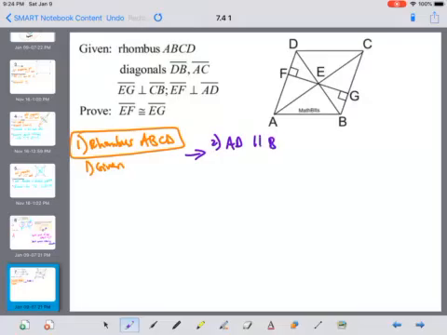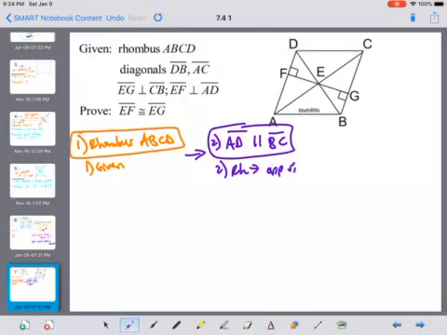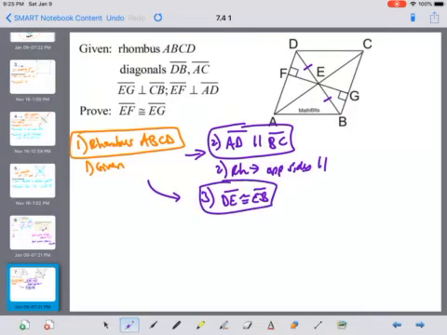So we could say that AD is parallel to BC, and a rhombus tells me that opposite sides are parallel. We could also say that DE is congruent to EB because a rhombus implies that diagonals bisect each other.